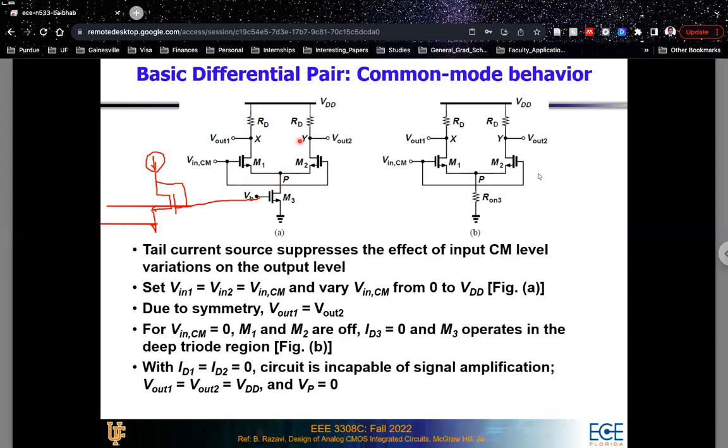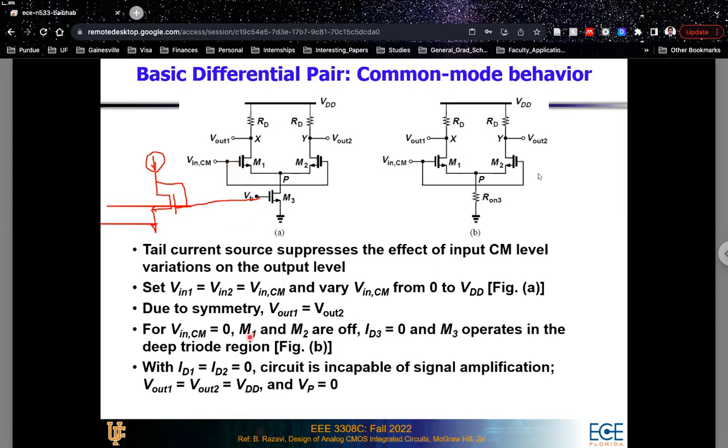Now that cannot happen because you have a positive voltage over here and a 0 voltage over here. So at any point you can have a voltage between VDD and 0, but you cannot have a negative voltage. If you cannot have a negative voltage at the source terminal, the VGS will not be positive because the VG itself is equal to 0.